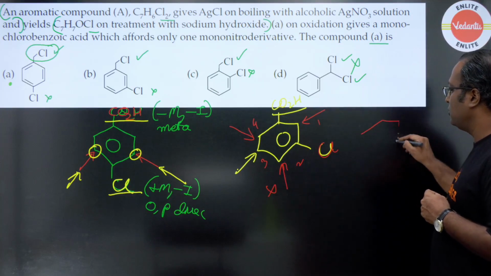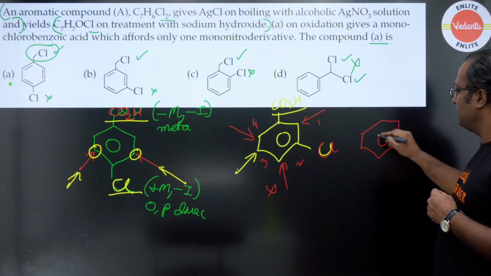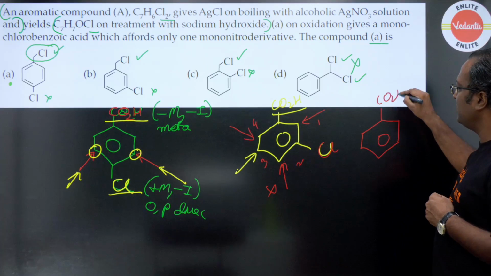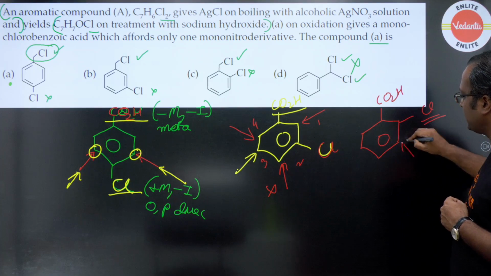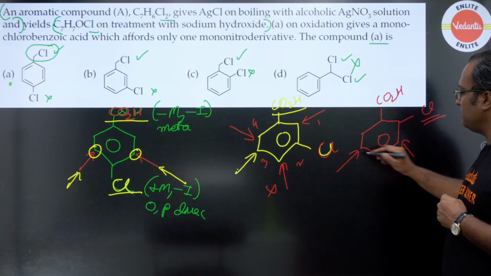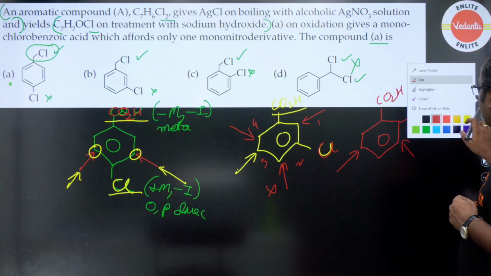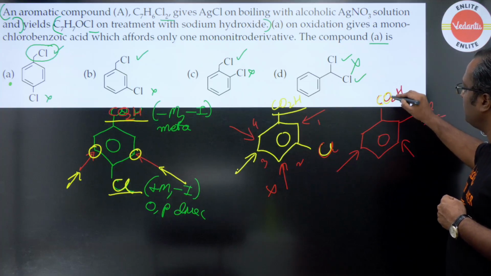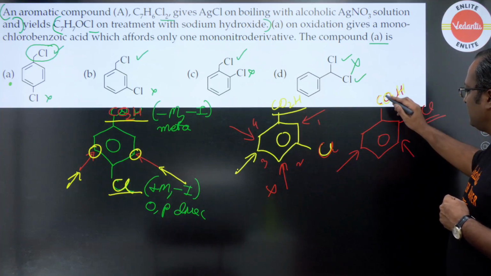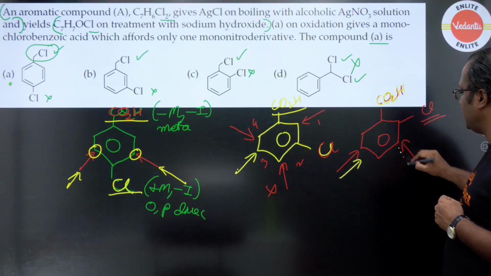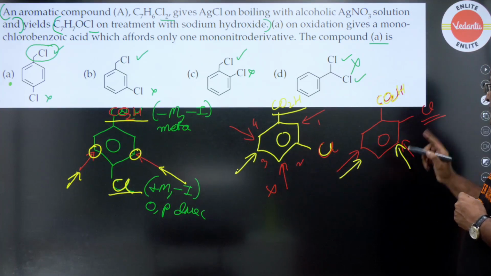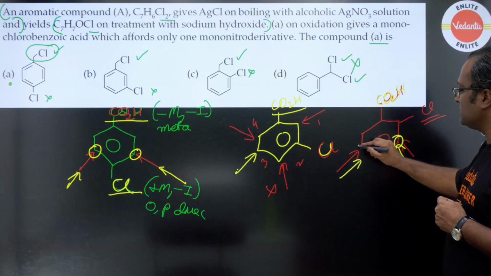Let's move ahead. Let's look at option C finally. We have CO2H here, we have Cl here. Cl is an ortho-para director. So that's ortho and para for you here. If this is CO2H in yellow, that is your meta director. The meta director says we get this and this. Please notice the 2 positions are not the same.